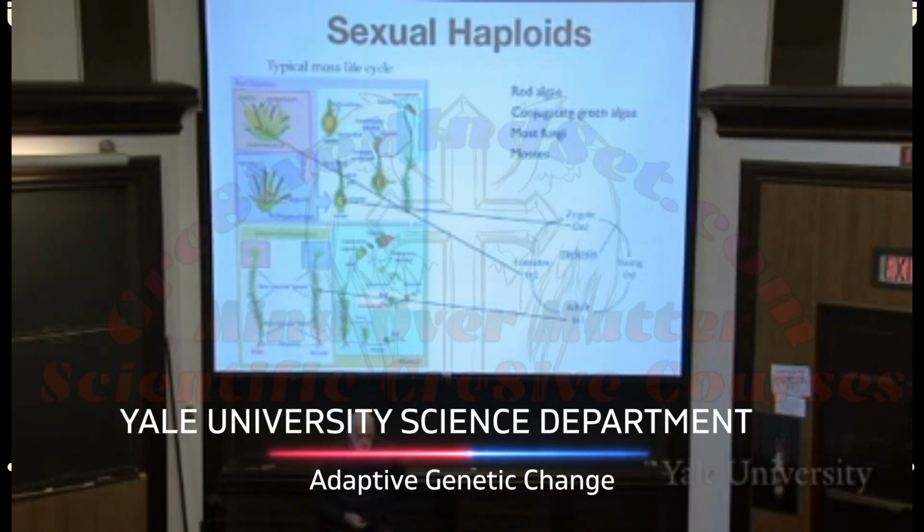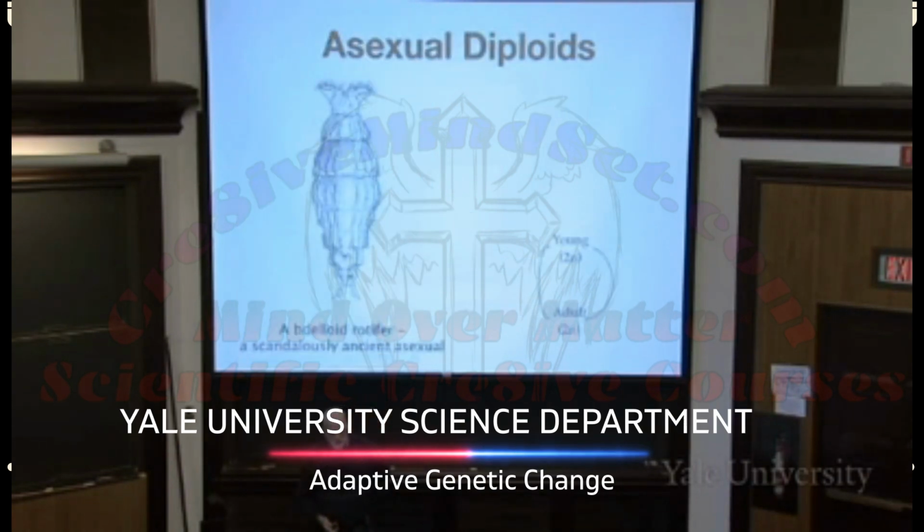Then the zygote forms where the sperm gets into an ovule on the tip of the plant, and then the young actually develop up here. So this is haploid up here, and then the spores go out. Meiosis has occurred in here, and the spores go out as haploid spores. So that is a sexual haploid life cycle.